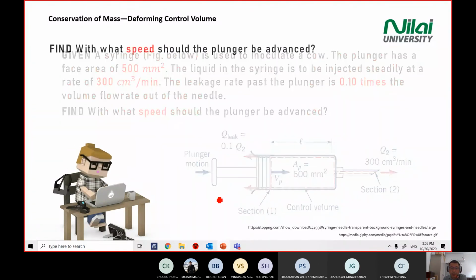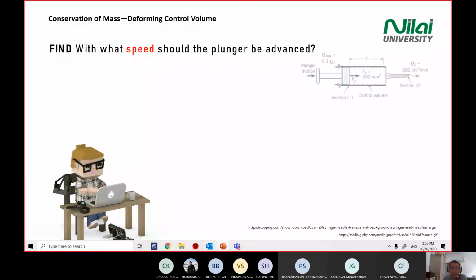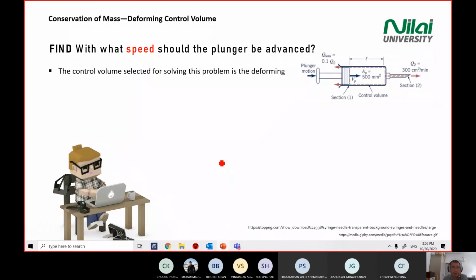So how do we solve this question? Right, I will still put the diagram on the top corner of the monitor. Again, this is a deforming control volume, because our fluid from the plunger volume or chamber here changes into a very tiny control volume when it enters our needle here.